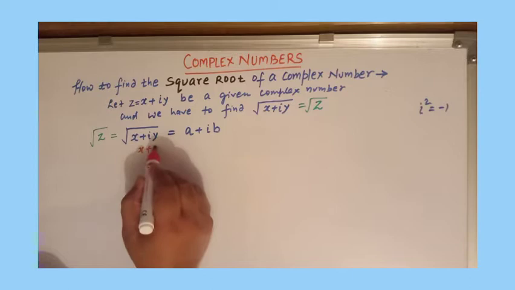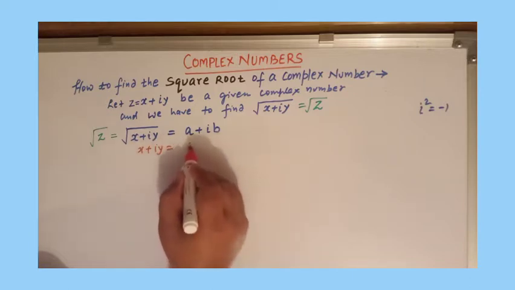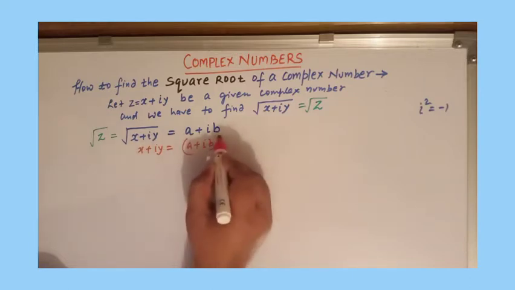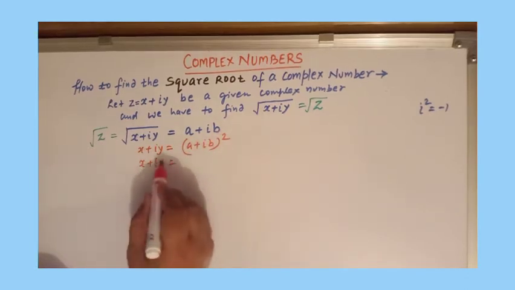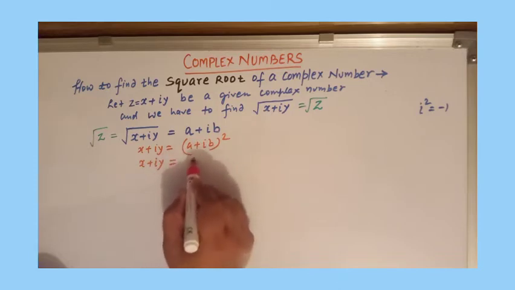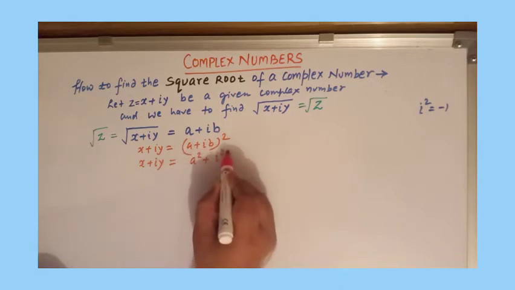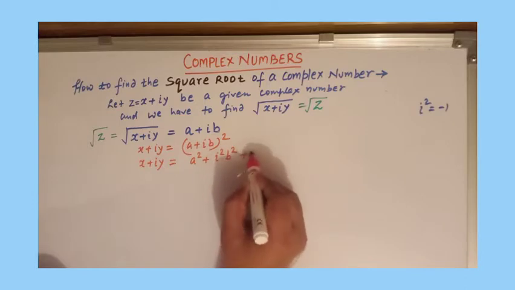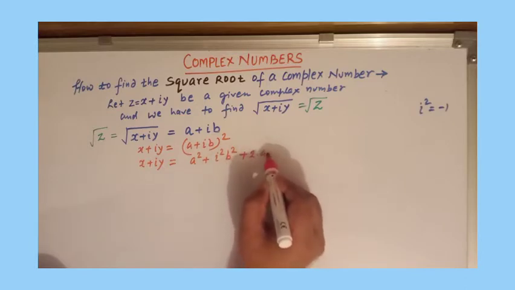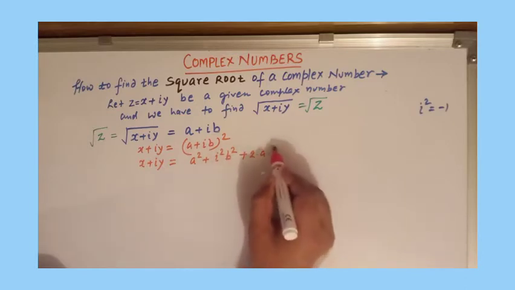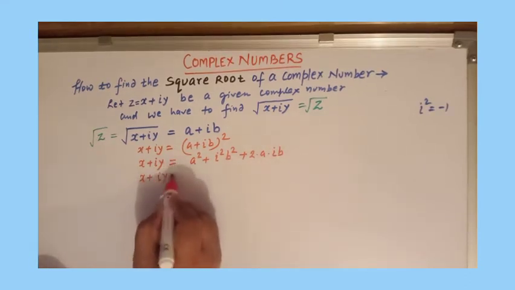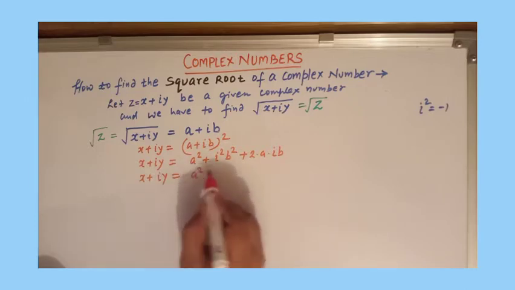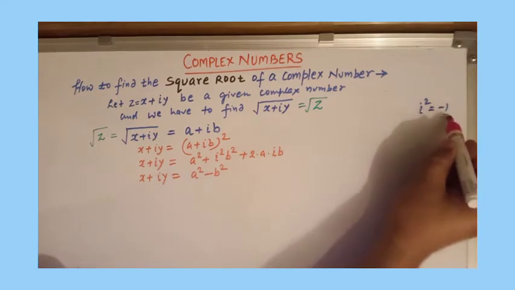Clear? Now let us square both the sides. So we get x plus iota y is equal to (a plus iota b) square. Clear? Now we can write it as x plus iota y is equal to a square plus iota square b square plus 2 times a times iota b. Clear? Now we can write it as x plus iota y is equal to a square minus b square, because iota square is equal to minus 1.